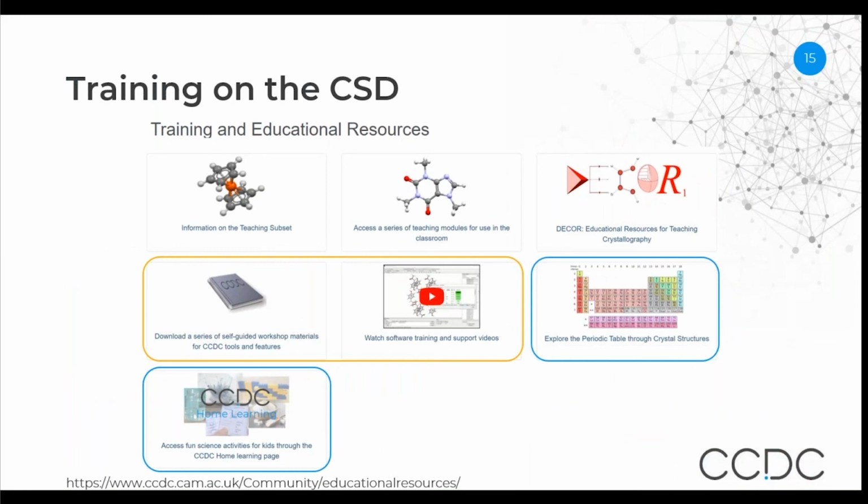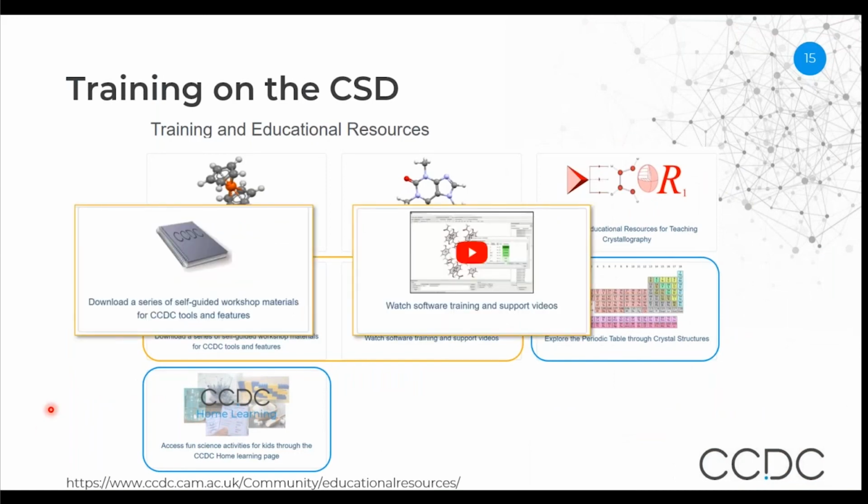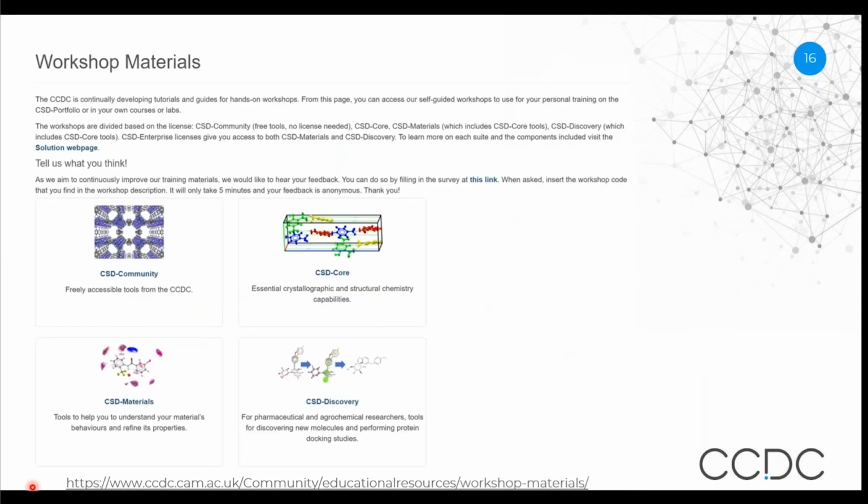Next up, if you want to get some training on CCDC software, we do have a series of self-guided workshop materials and training and how-to videos. If you click on the download a series of self-guided workshop section, you will be brought to a page where we have all of our self-guided workshop materials arranged by type, so CSD Community, CSD Core, CSD Materials, or CSD Discovery.